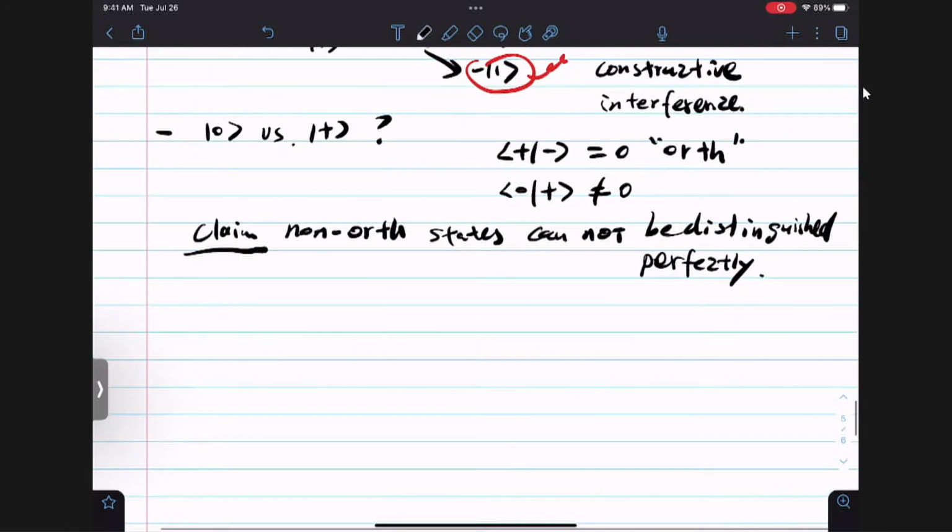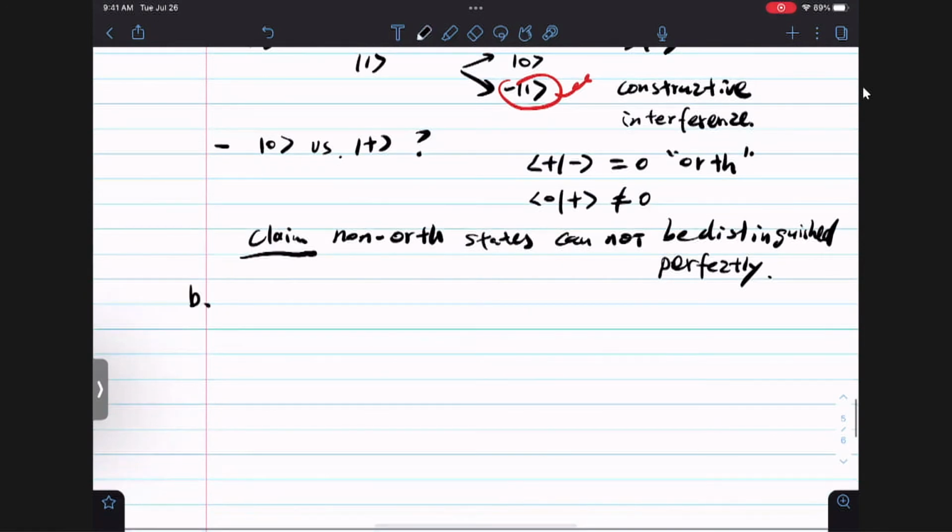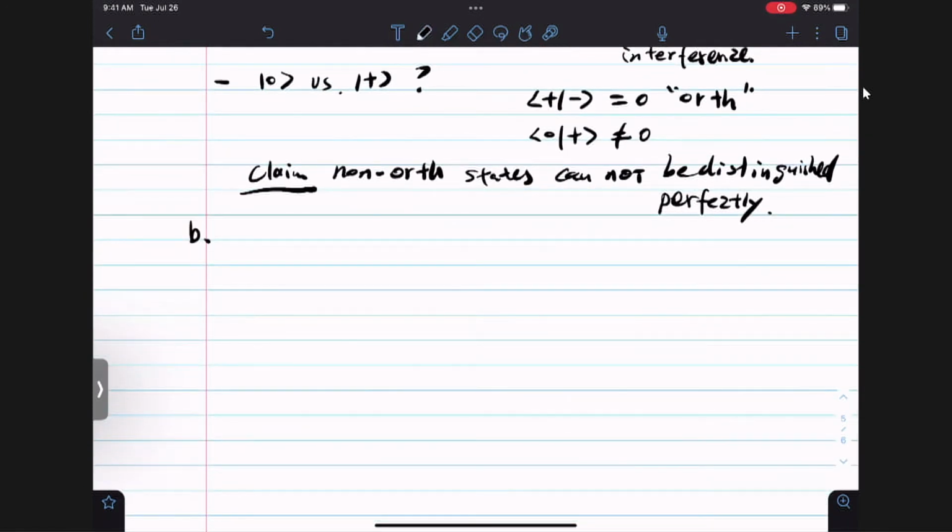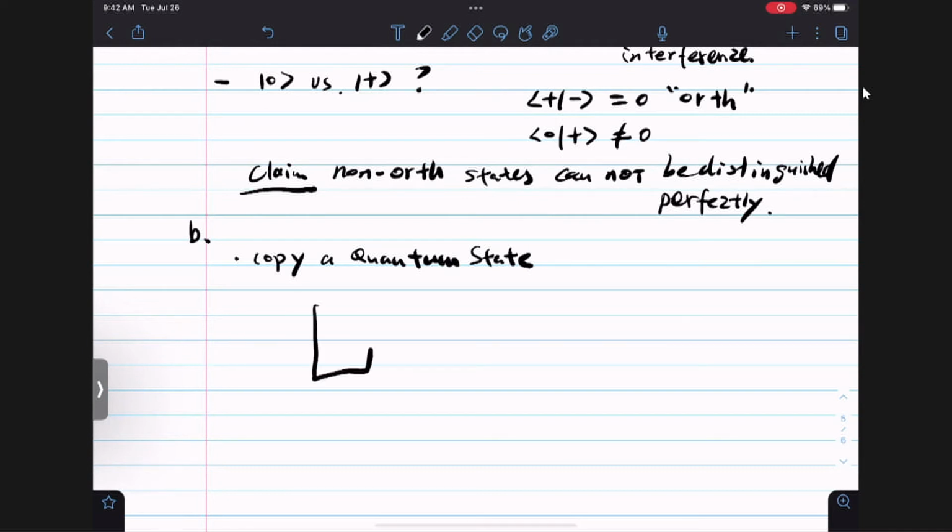Okay, so this actually leads us to the next interesting feature of quantum information. When we think about classical information, we always take it for granted that if I write down a few bits, you can take them and make as many copies as you want. Can we do that for quantum information? Well, we can imagine.